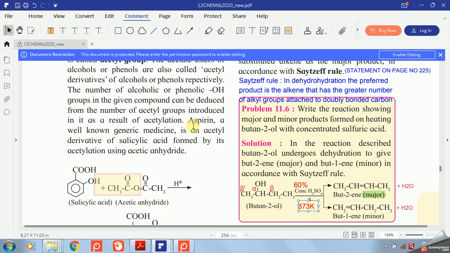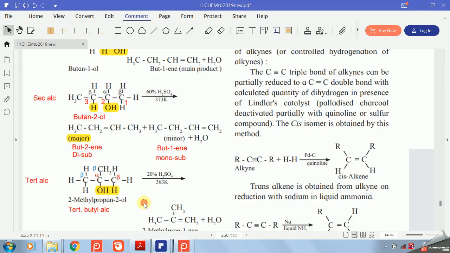Remember this. Okay, 60% H2SO4, 373 Kelvin, and your major product is but-2-ene because it is disubstituted.